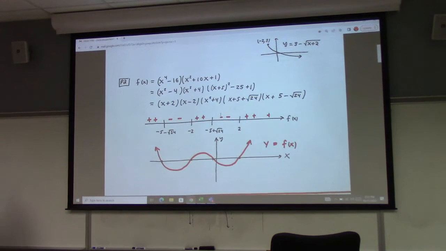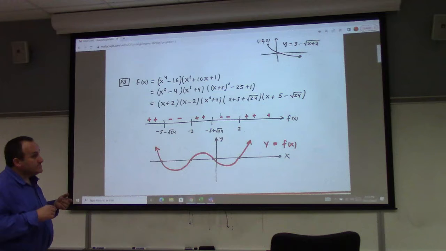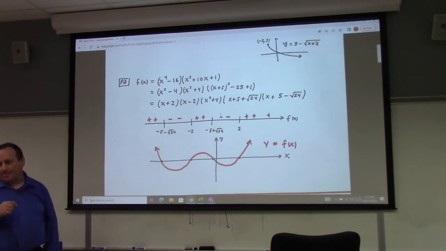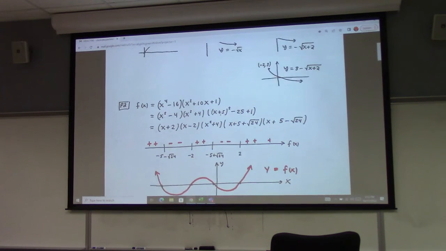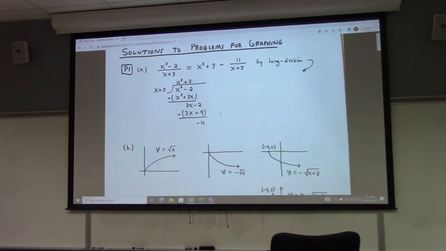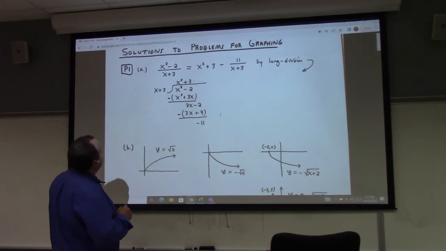Problem 2? Yep. So for the first one, I had 3x, but it's supposed to be 3x squared. Did I copy it down wrong? Because there is no x squared for the long division. My long division's wrong? I mean, it's possible. I was hurrying. Well, I'm dividing x plus 3 into it.